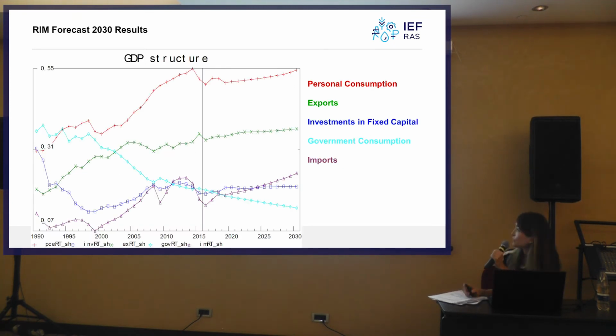In the structure of GDP, the share of investments remains mostly stable. The share of personal consumption increases, but almost reaches its pre-crisis level. The share of government continues to decline, and the share of export continues to grow.